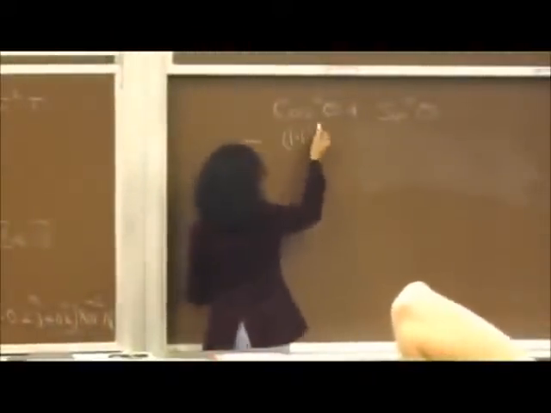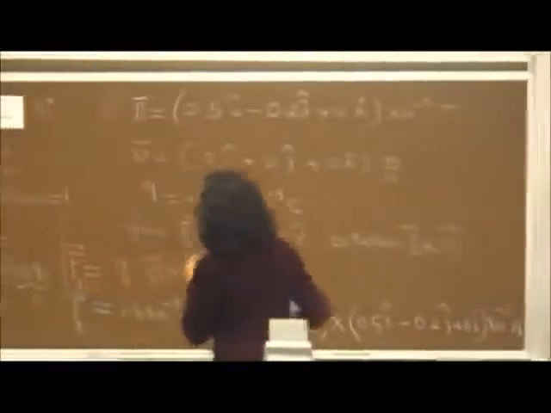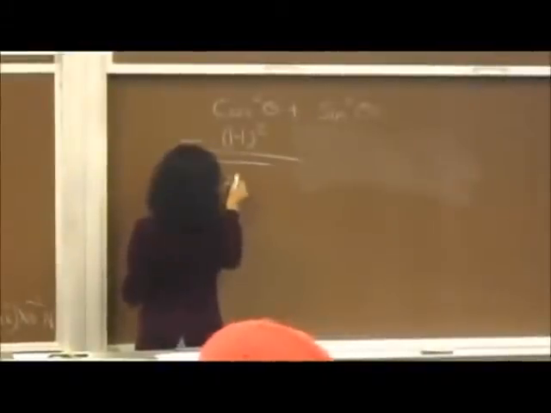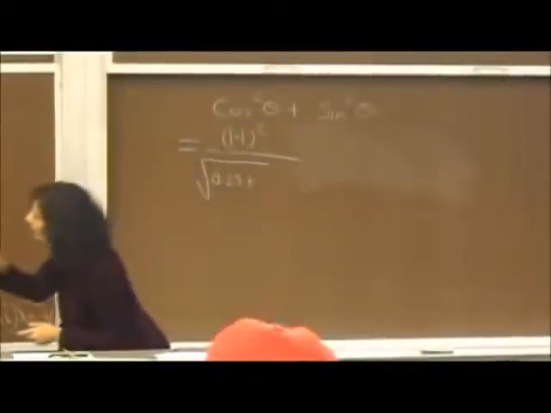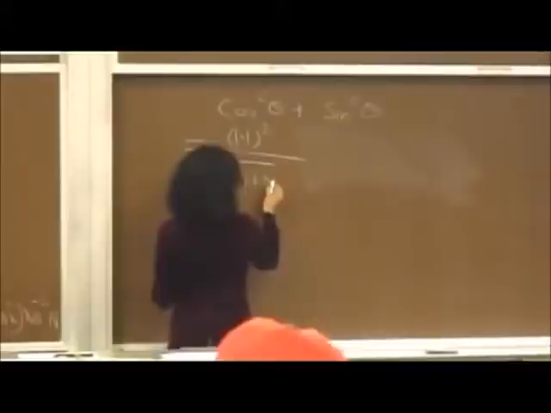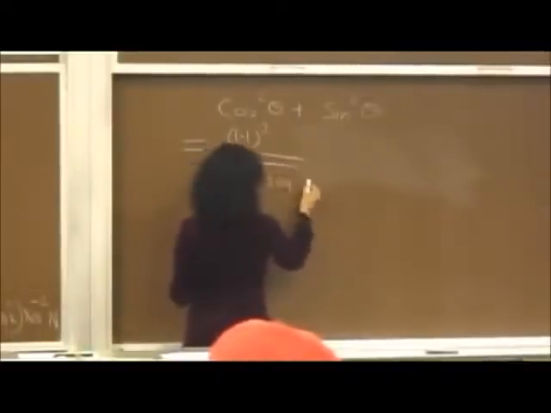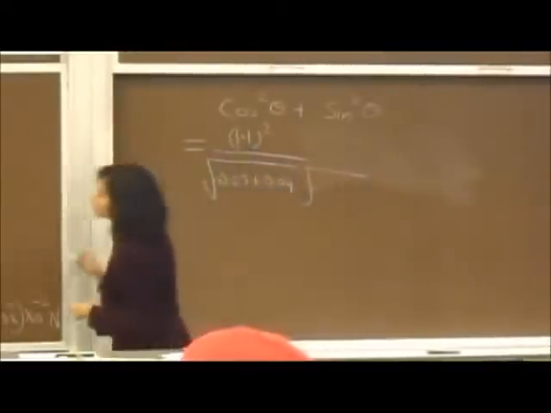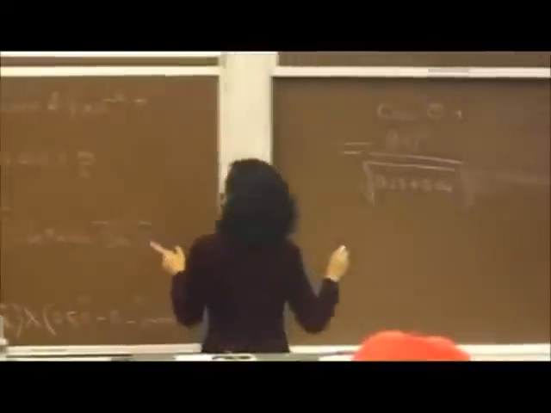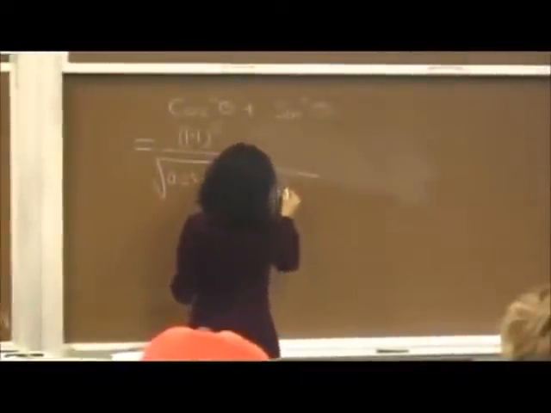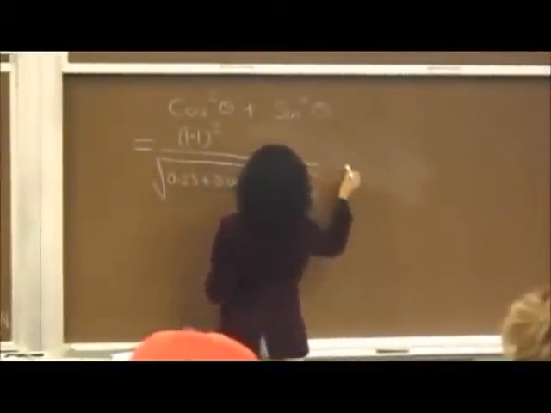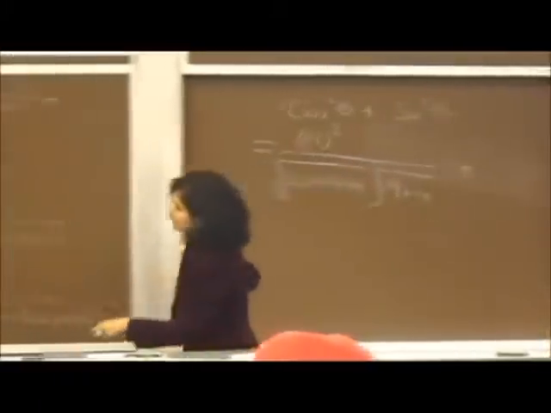For us, it's 1.1 square divided by that mass, which is, how much is it? 0.25 plus 0.04 and square root of 9 plus 4, and here plus sine square theta.